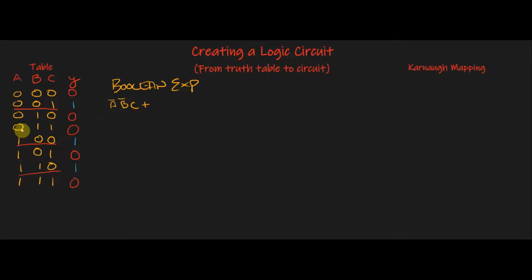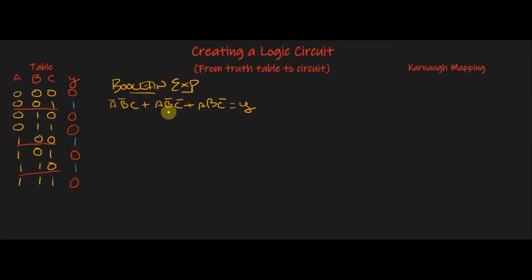Then I'm going to add that to the 1, 0, 0, which would be A, B naught, C naught. And then I'm going to add that to the 1, 1, 0, which would be A, B, C naught. And that equals Y. That is my Boolean expression.